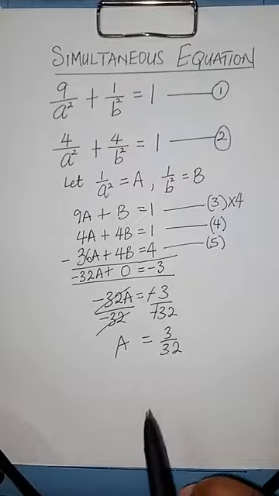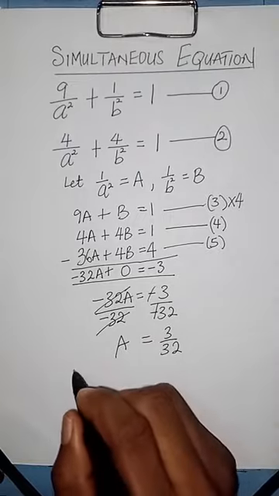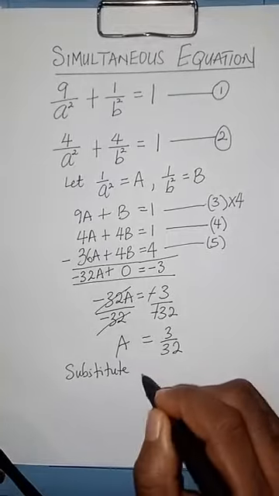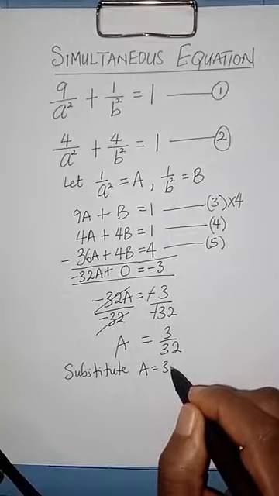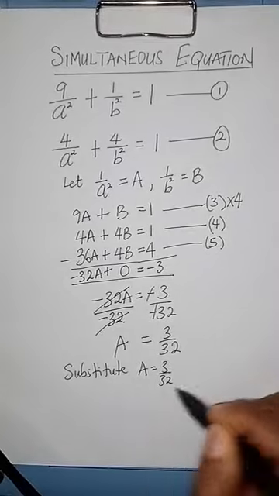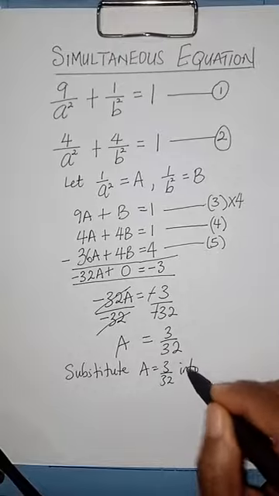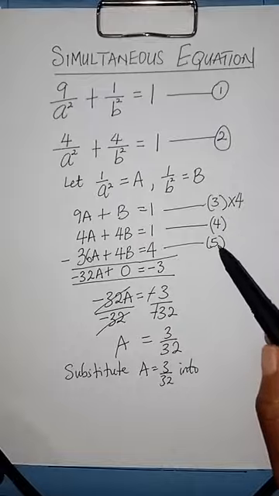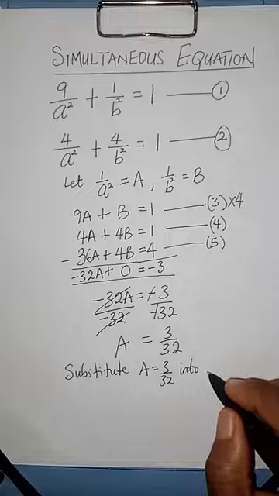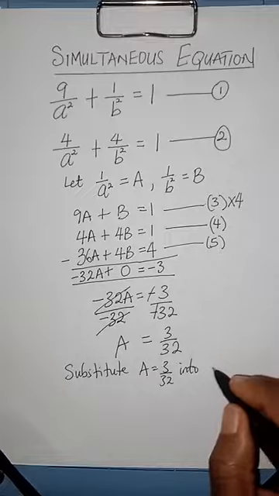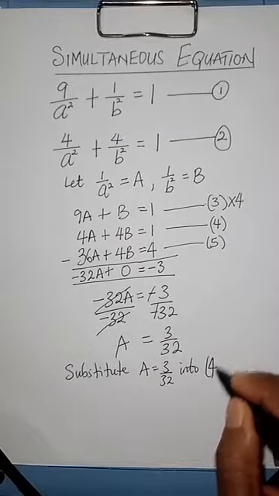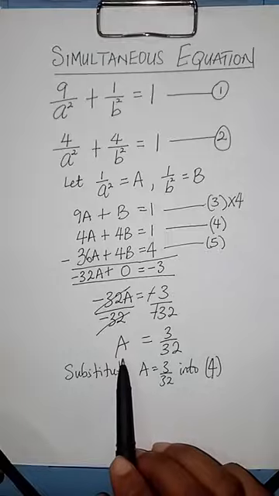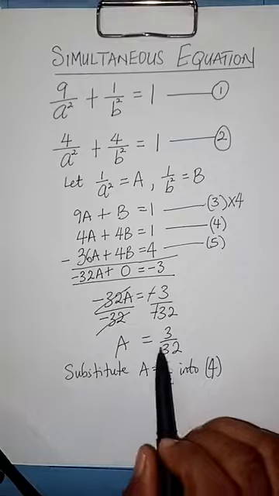Now, to get the value for B, I'll substitute the value of A, which is 3 divided by 32, into any of the equations. It could be equation 3, equation 4, or equation 5. So I'm going to use equation 4. If I do that, my A is 3 over 32.